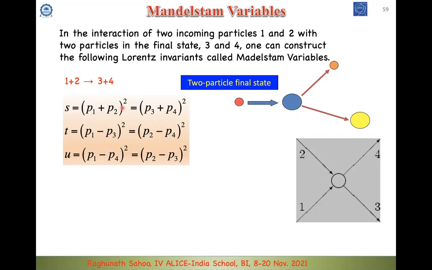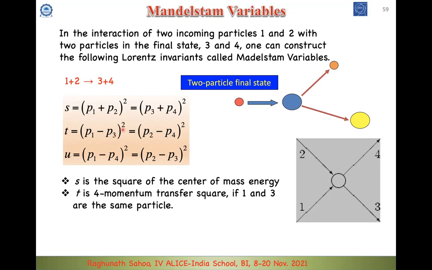Similarly, Mandelstam T is (p1 minus p3) squared. If particle 1 is also particle 3, then this is the momentum transfer of particle 2 to particle 1, essentially the momentum transfer squared, and this is also Lorentz invariant. Similarly, U is (p1 minus p4) squared, which is also Lorentz invariant. In fact, given all these p1, p2 and so on, you can construct S, T, and U. These are Lorentz-invariant Mandelstam variables.